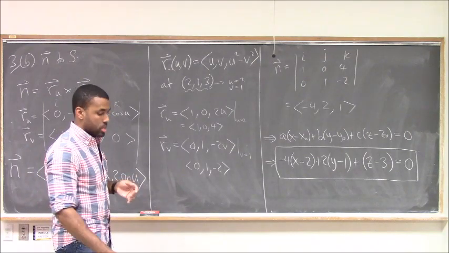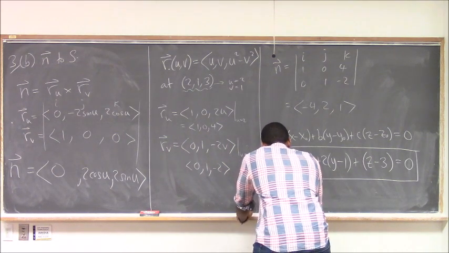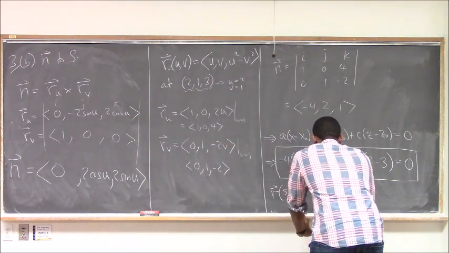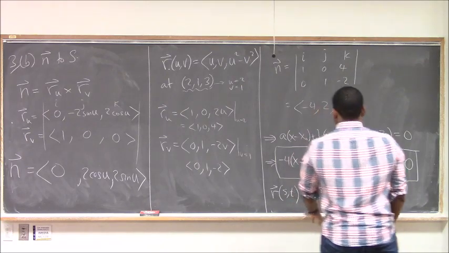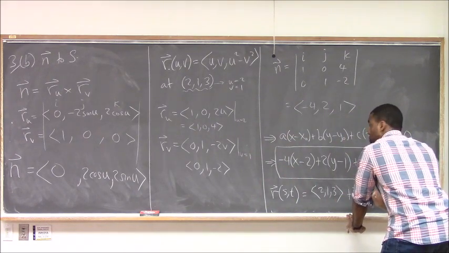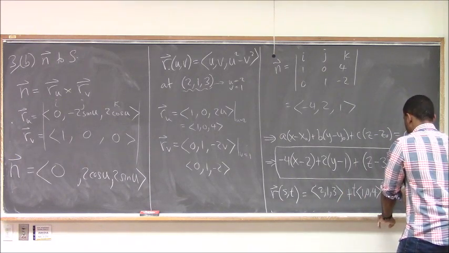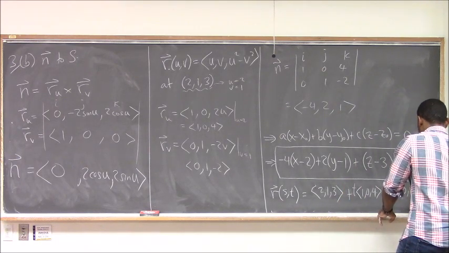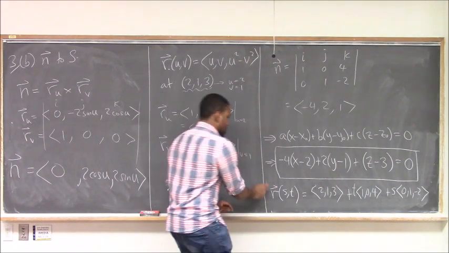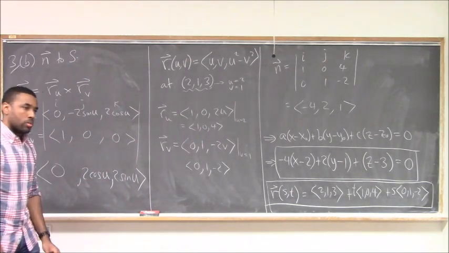So a parametrized form would be something like, if you parameterize it, let's say you want to use s and t, you could plug in the point, which we know is 2, 1, 3, plus t times one of these, plus s times the other one. So it depends on what form you want it in. But usually the scalar form would be more useful, but that's also an option.